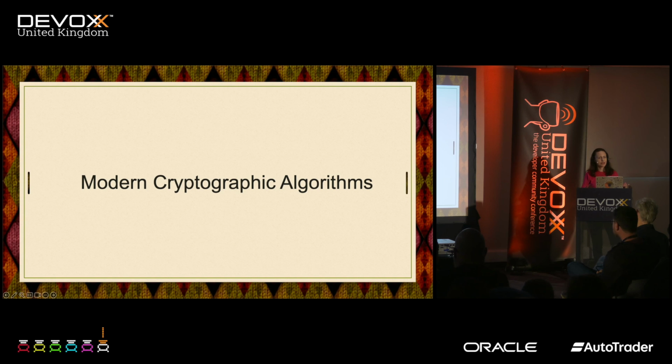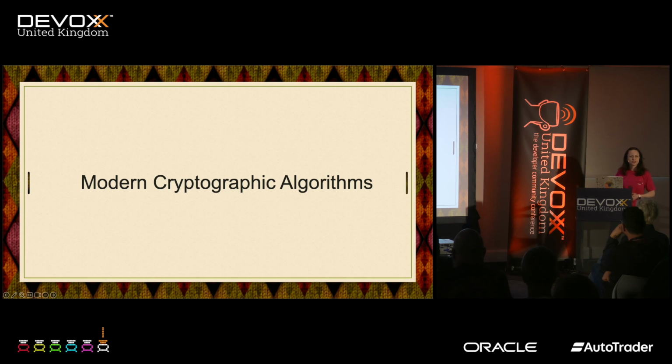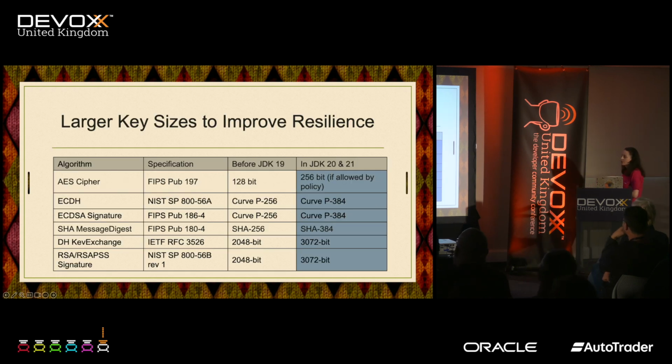As I said in the beginning, over time, most algorithms can be weakened and exploited more easily, right? Now, stronger protocols and algorithms are continuously created that replace or provide an alternative to the old ones. Hence, there is an improvement in the JDK. There are larger key sizes in JDK 20 and 21, and this table contains what changed in which specific release in security.